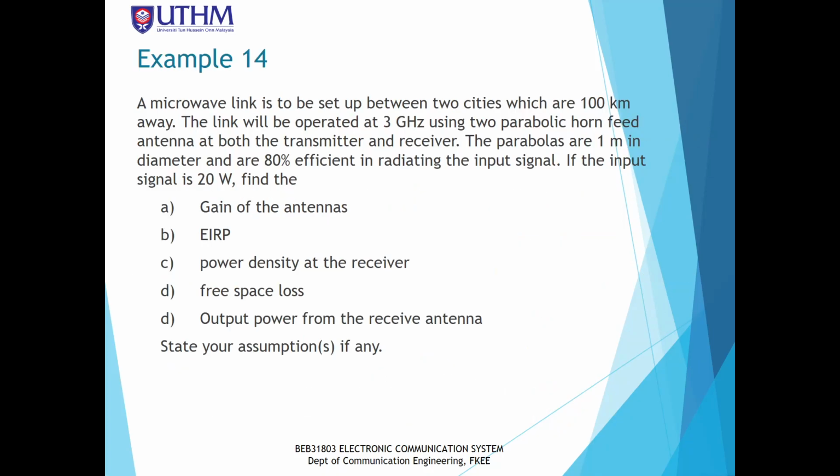Okay, so let's do the last example in your notes. Example 14. A microwave link is to be set up between two cities which are 100 kilometers away. When you receive this kind of question, I suggest you draw. This is a transmitter.